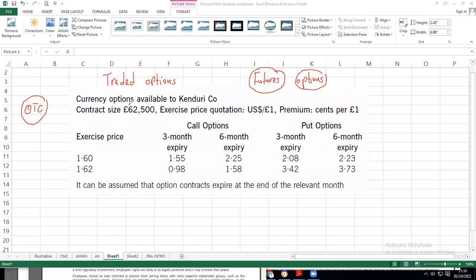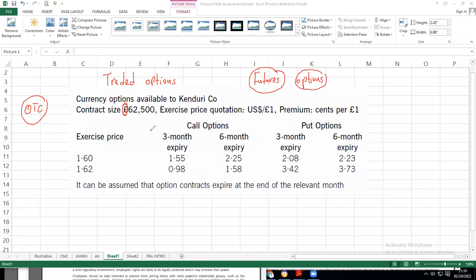Now, when we came to futures, what should we focus on? The currency. The currency of the contract size. Yes, even here, you must note that one.